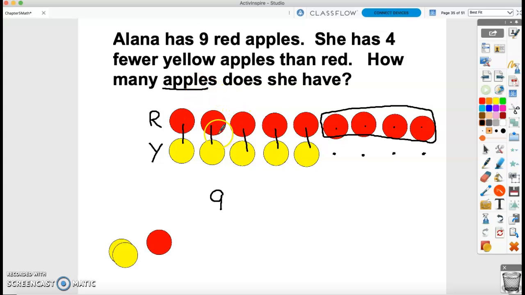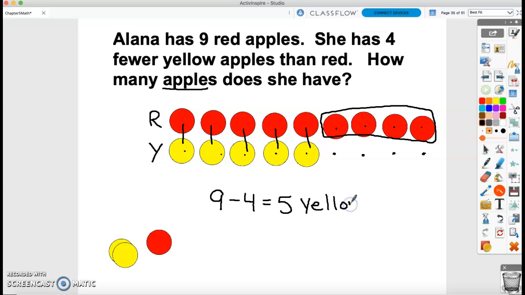We just know that she has 9 red ones, and she would have 4 fewer yellow apples than red. So a number sentence to figure this out is, first I have to figure out how many yellow apples she has. So she has 9 red apples minus the 4 fewer equals 5. So this is my 1, 2, 3, 4, 5. So she has 5 yellow now.